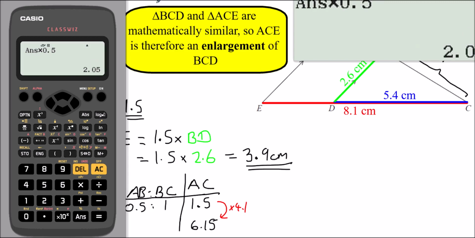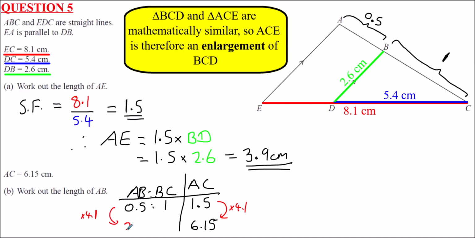That gives us 2.05. So AB is 2.05. And 1 multiplied by 4.1 gives 4.1. But all we're being asked for here is the length of AB, which is this one here. So that must be 2.05 centimetres.